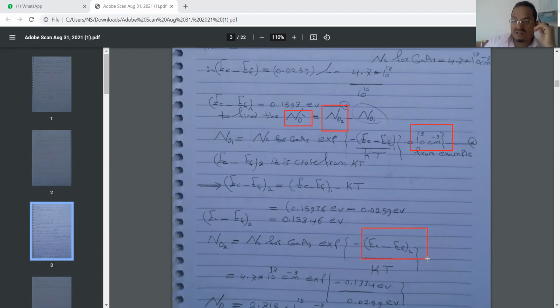We just have the first result, the difference between the Fermi energy level and the conduction band, but for the first one, not the new one. How can we find this result? By using this relation: the new bracket equals the first bracket minus KT. KT will be the same result. Okay, this is important. After that, this result will be 0.1334 electron volts.